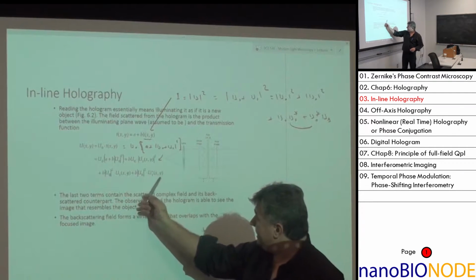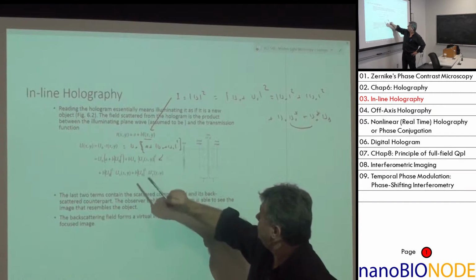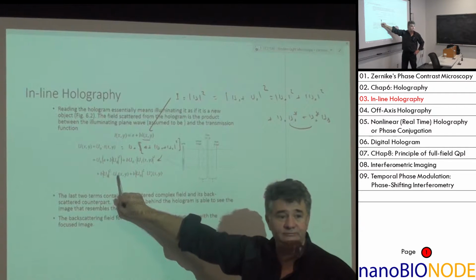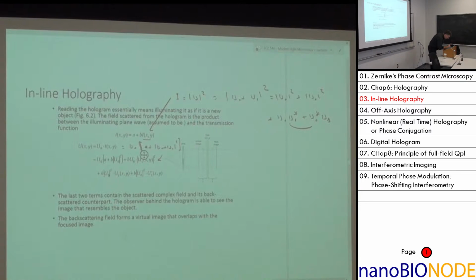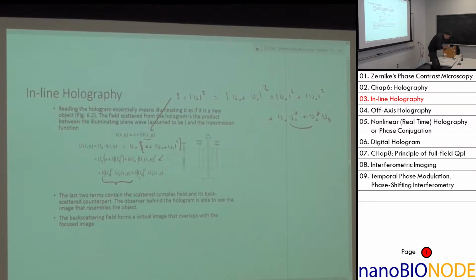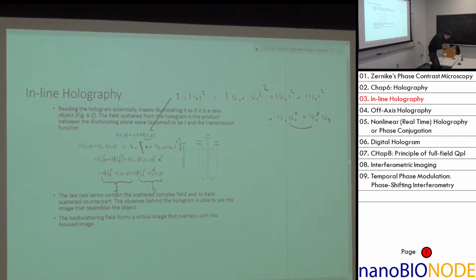But at the bottom, the cross terms give me U0 with the U0 inside, gives me U0 squared times U1, right? And the U0 squared times U1 conjugate, notice. So this is the forward, this is the backward.